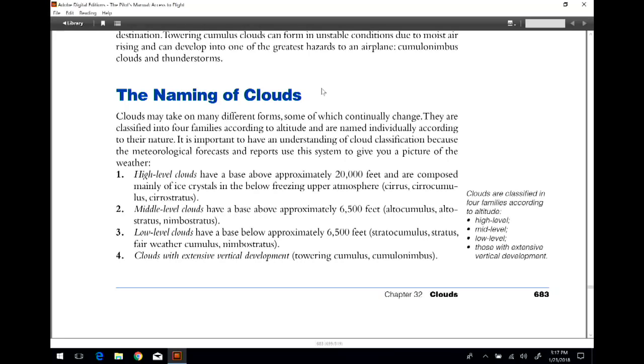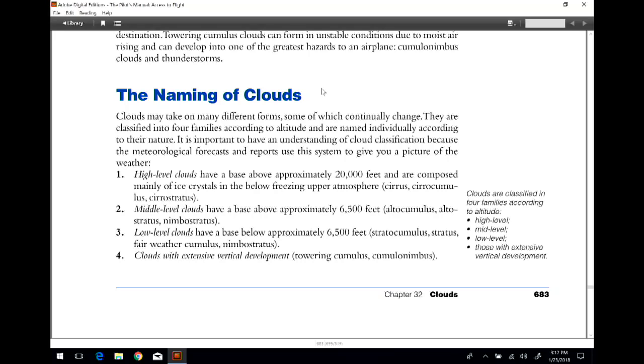alto is going to be those clouds at like 6,500 feet and above. So in those cloud layers where you have clouds in that 6,500 to 20,000 foot range, that's going to have some form of a prefix of alto. Okay. Now then, we look at low-level clouds.